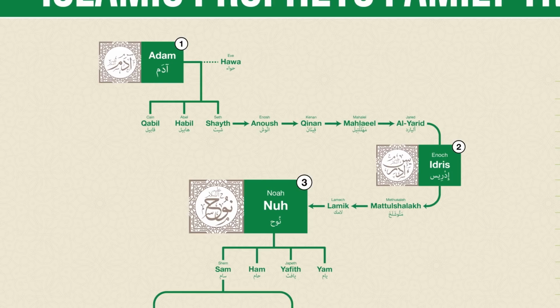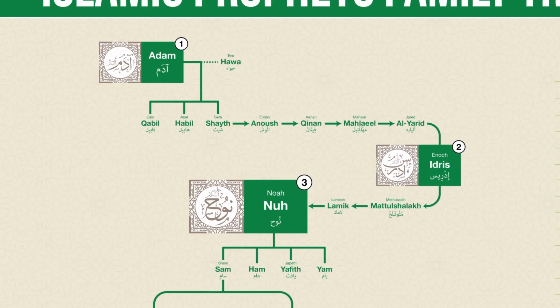According to one Islamic tradition, Adam and Hawa had two sets of twins, a boy named Qabil, who had a twin sister named Iklimia, and a boy named Habil, who had a twin sister named Layuda. Those familiar with the Bible will recognize the two boys as being Cain and Abel.